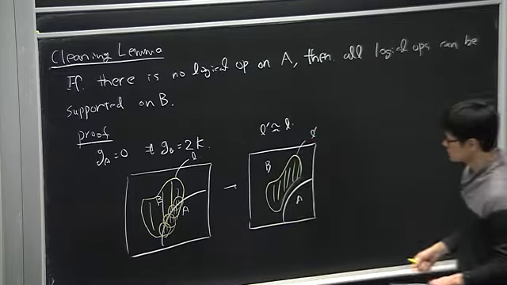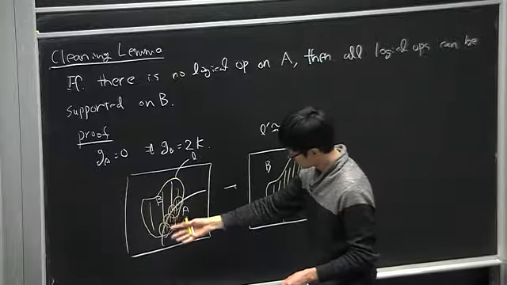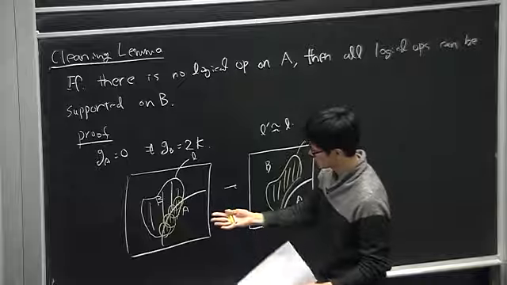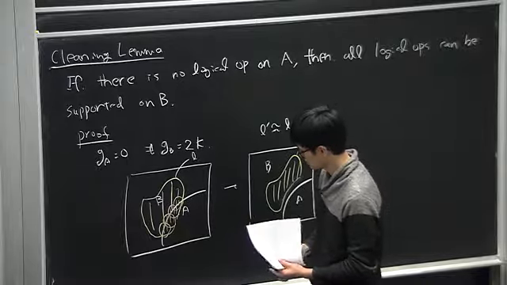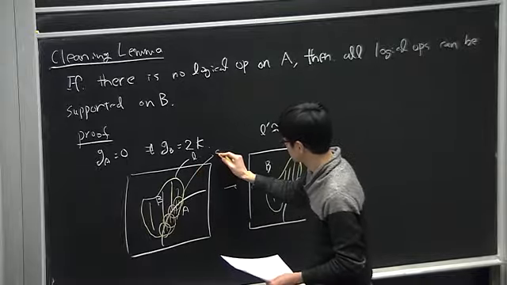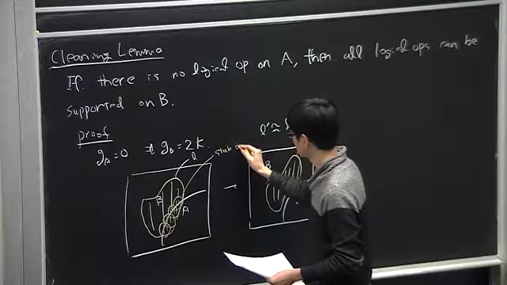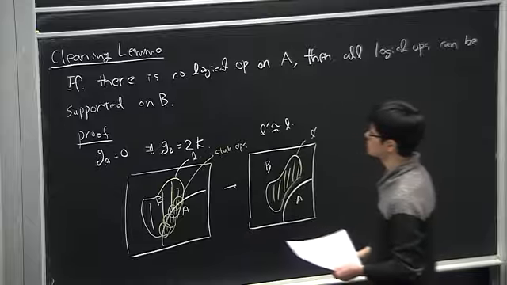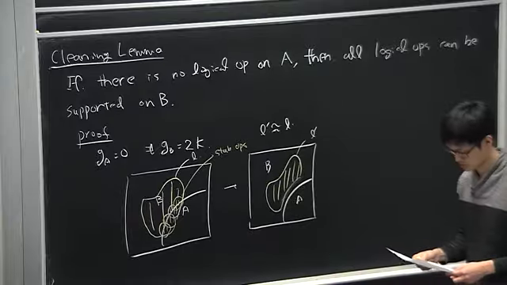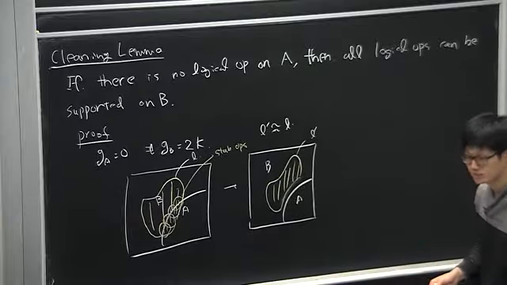So in this sense, the support on A can be cleaned by applying some stabilizer generators nicely. For this reason, this lemma is called the cleaning lemma.